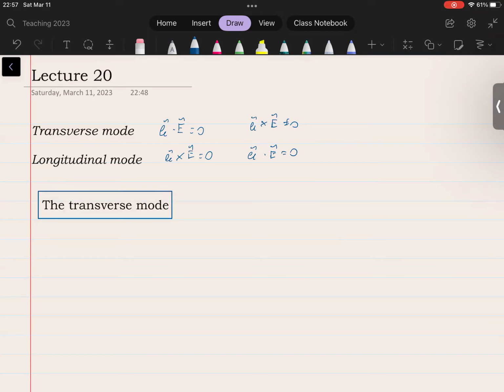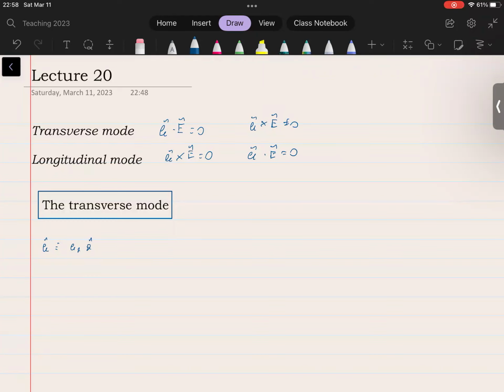Okay, well, in general, remember K is KZ Z hat. That is, K is in the Z direction.